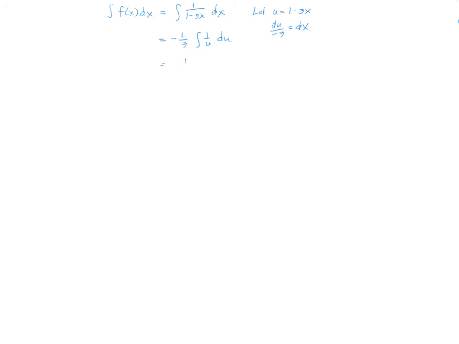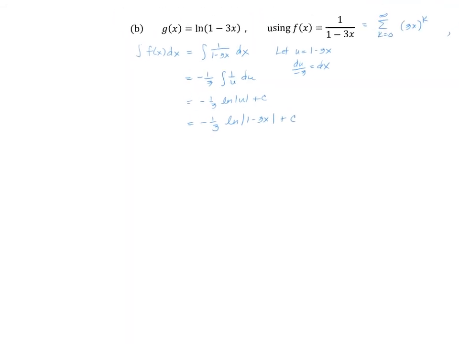That's going to be -1/3 times the natural log absolute value of u plus c. And then when I substitute back in for my u, this is an indefinite integral, I have to substitute back in. That's going to be 1 minus 3x plus c, which is very similar to my g. The only difference is that with g, there's no absolute values.